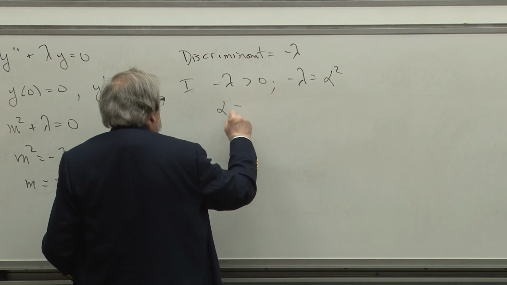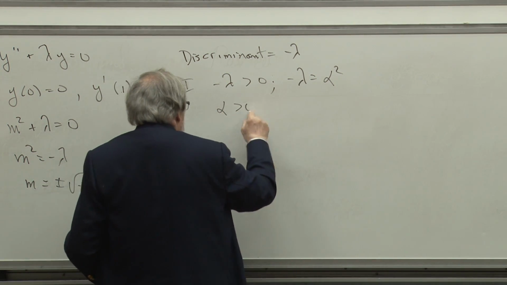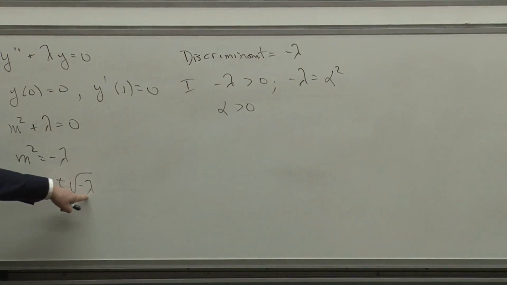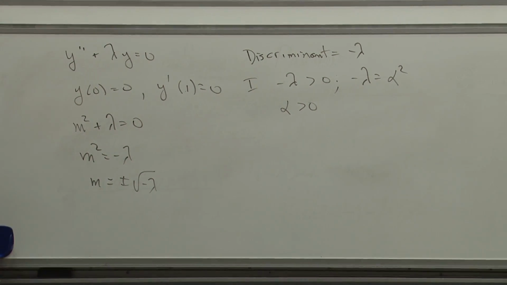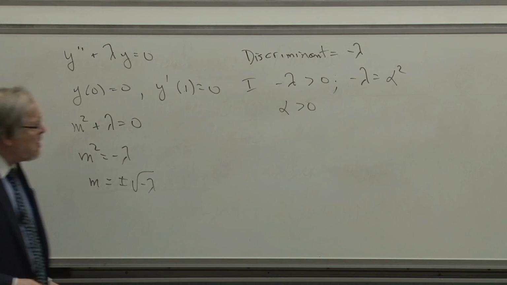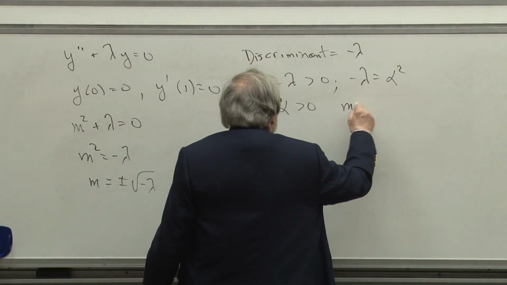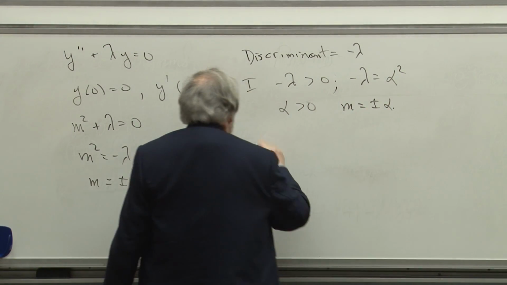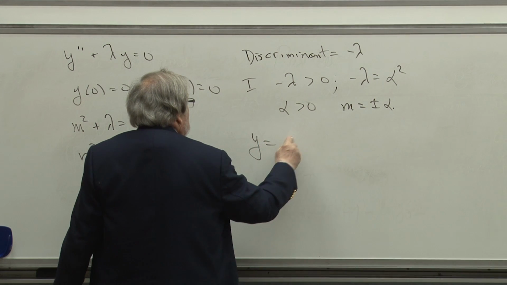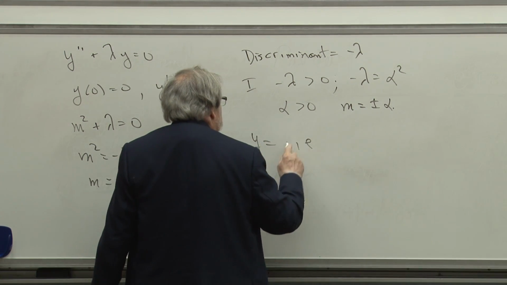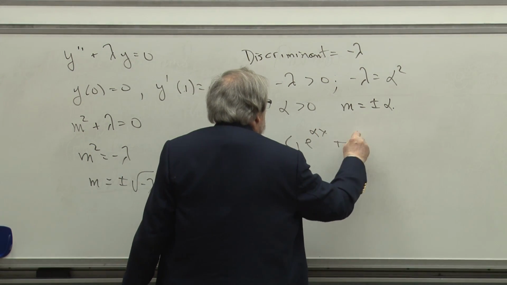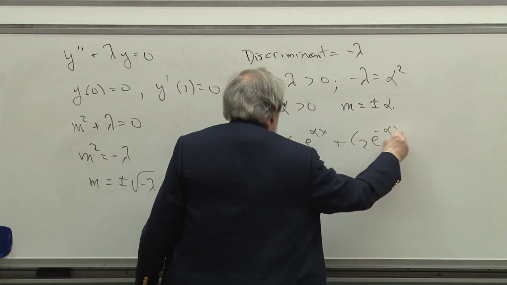And I can assume that that quantity is positive because the formula involves both positive and negative values here. So m is plus or minus alpha. The solutions are c1 e to the alpha x plus c2 e to the negative alpha x.